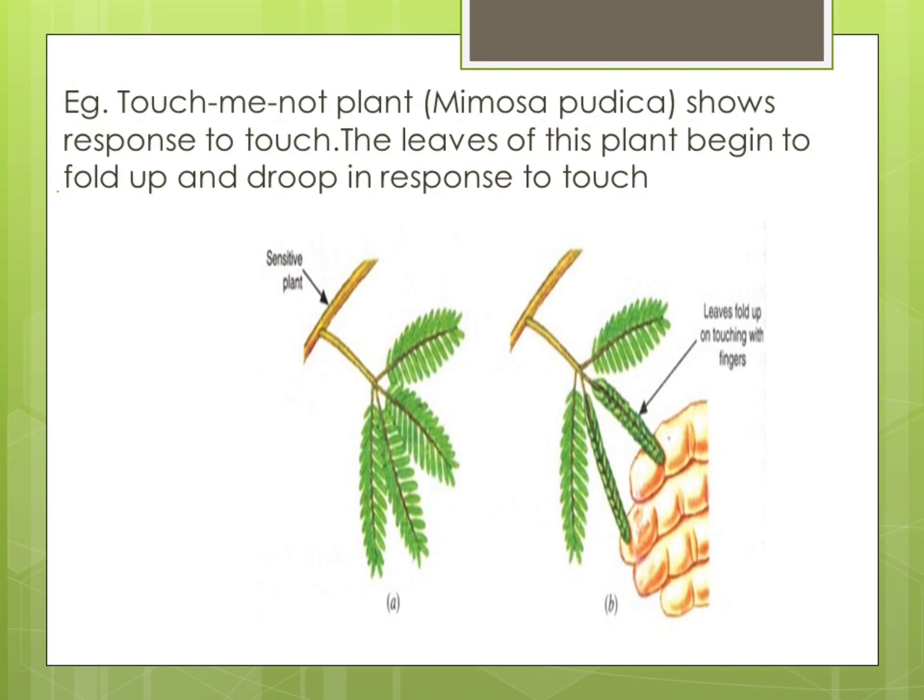Now, movement of the part of the plant occurs at a different point than the point of touch. So, that means plants communicate the information that a touch has occurred. That is done in the following manner.